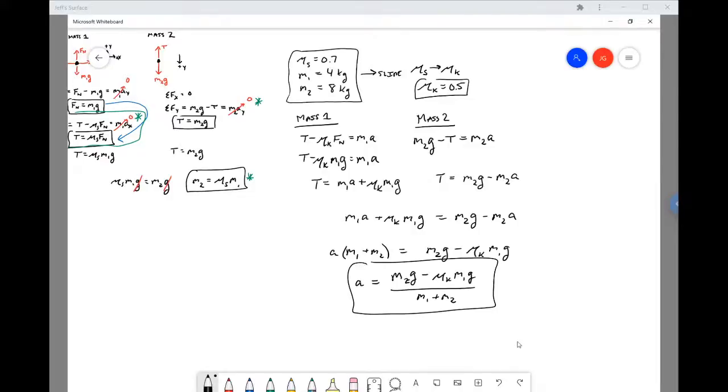All right, so m2, 8 times g, 9.8, minus 0.5 times mass 1, which is 4 kilograms, times 9.8, divided by the total mass, which is 12 kilograms, and I get a equals 4.9 meters per second squared. Okay. I just wanted to get an actual number there.